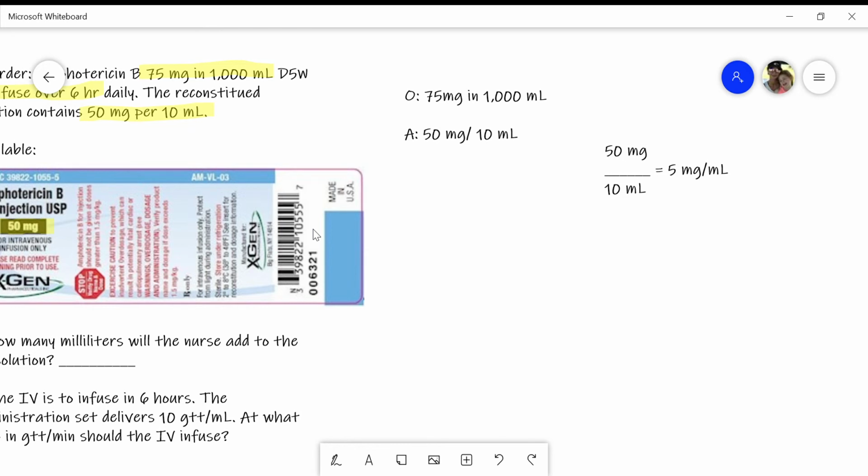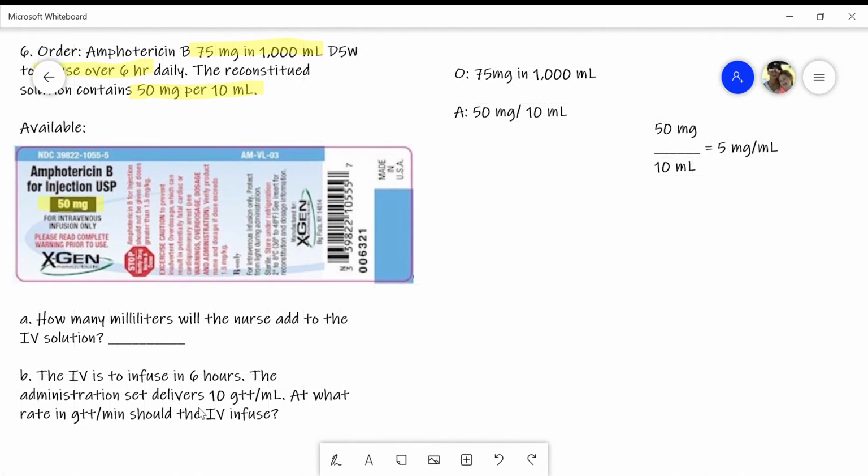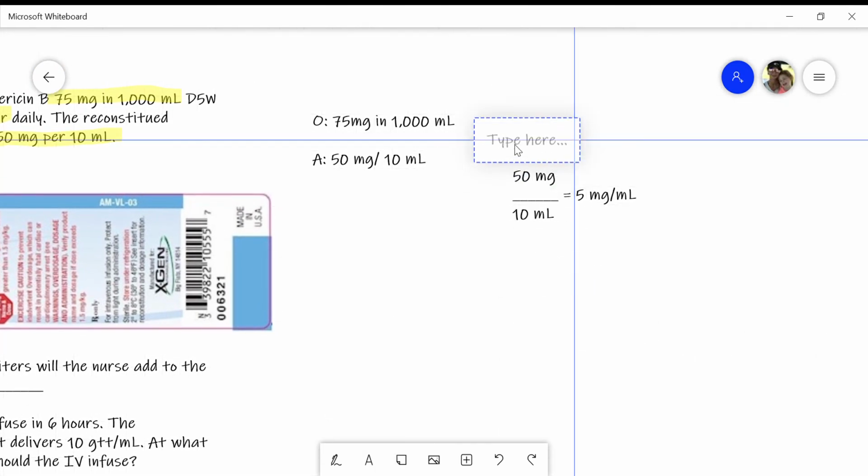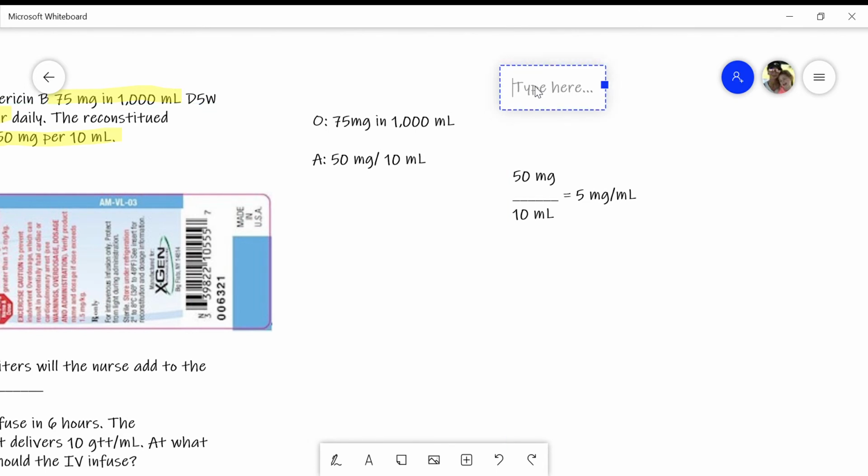So 50 milligrams per 10 milliliters gives you 5 milligrams a milliliter. And to do our base for our order, because we're going to have to figure out our GTT a milliliter and GTT a minute, we'll figure that out too. So that's 75 milligrams divided by 1,000 milliliters.